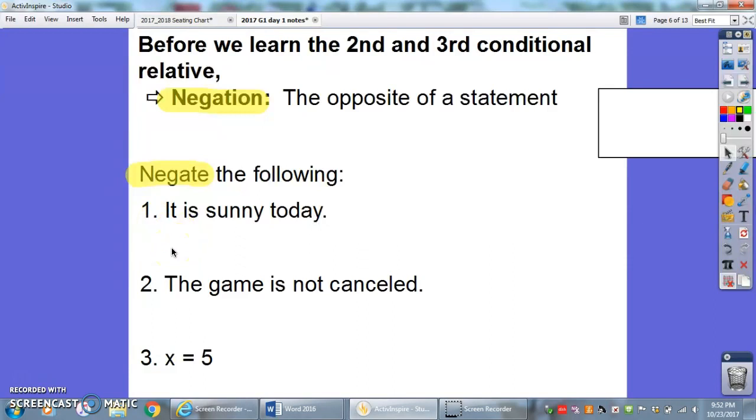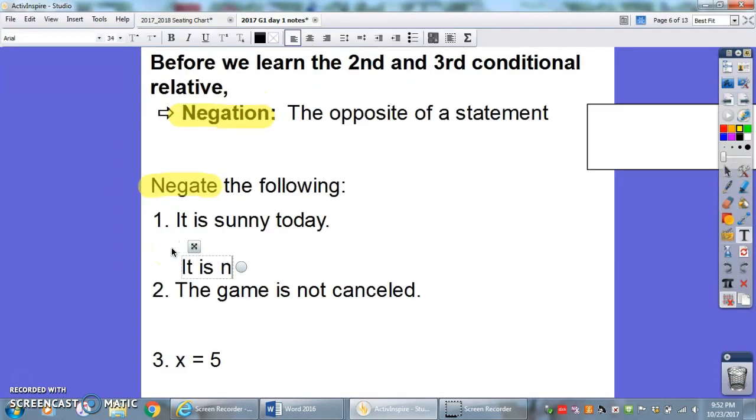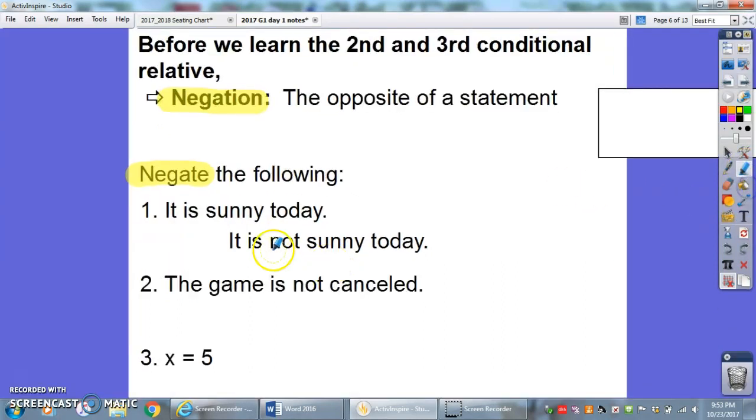To negate this sentence, I would say it is not sunny today. I wouldn't change any of the words. I wouldn't say it's rainy today. That's not what negate means. You would do the opposite of a statement, so typically you're adding a not in there.